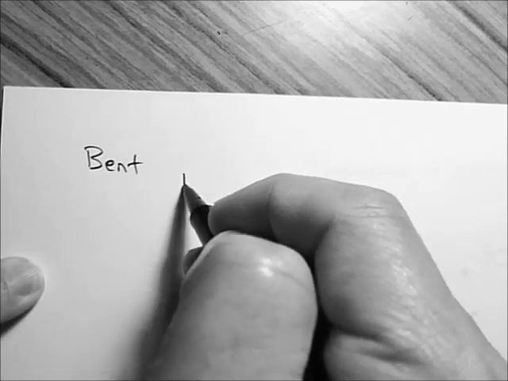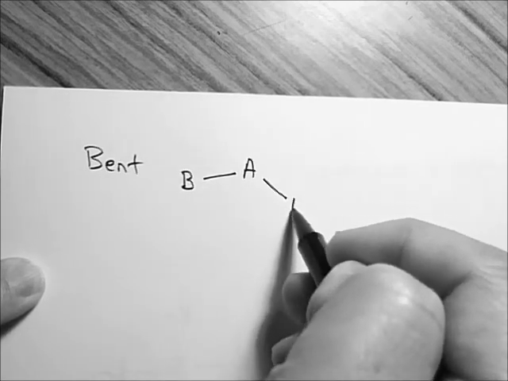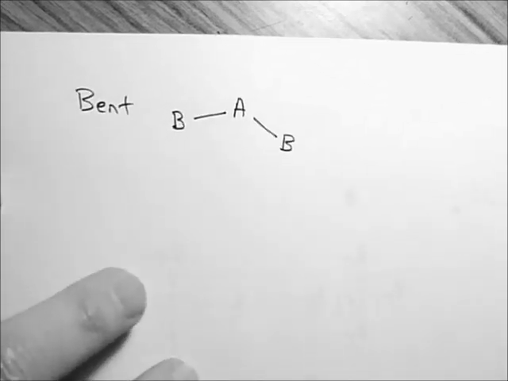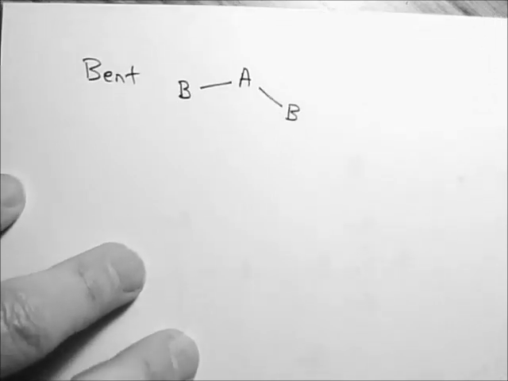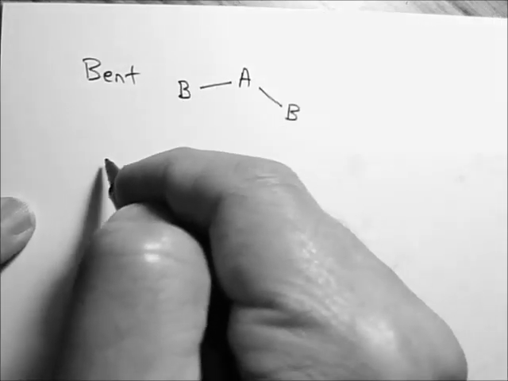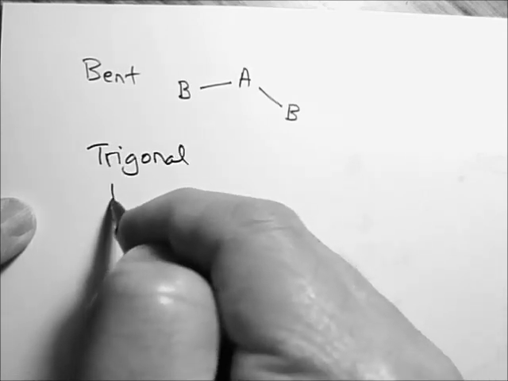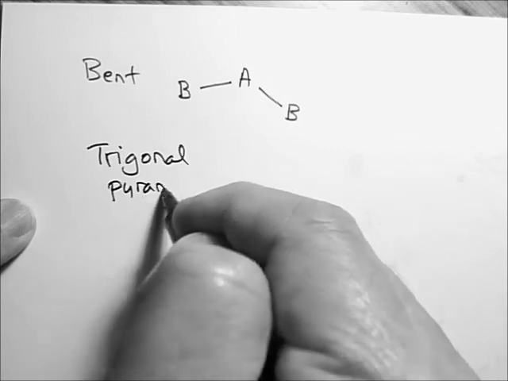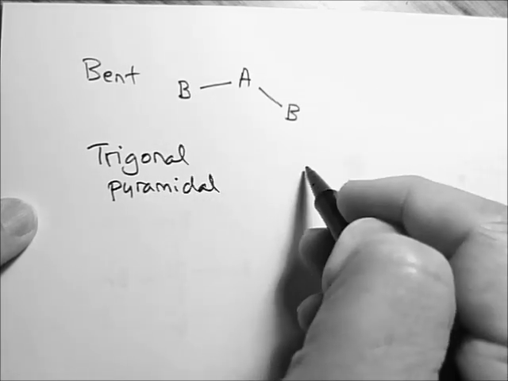So we have a B molecule and an A molecule and a B molecule. That's a bent molecule. That's an uneven distribution. Trigonal pyramidal, those are always uneven distributions.